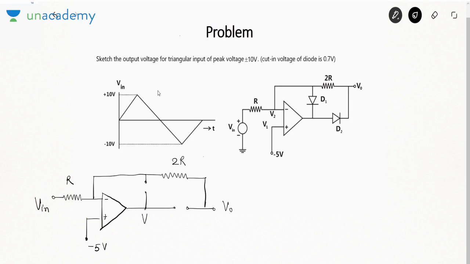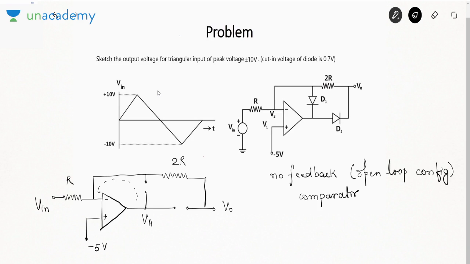Now see, this voltage is suppose VA. There is no feedback path between the output and the negative terminal of OPAMP. No feedback. If there is no feedback, it is basically open loop configuration. If it is open loop configuration, it will work as comparator. You can see here, if there is 0 ampere current, the voltage drop across R will be 0. The voltage of this terminal will be Vin.